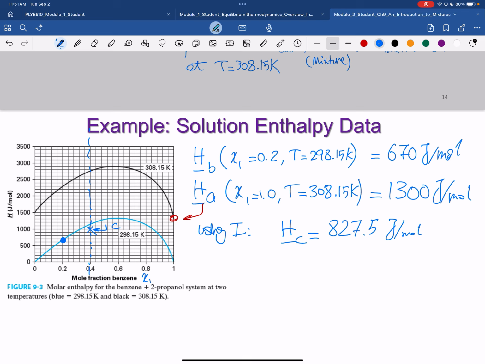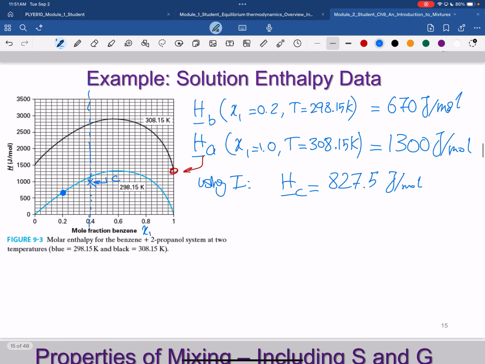Can you estimate it now? The temperature is going to be a little bit less than 298, right? So you can do extrapolation here. That's the best estimation, right? So you just think about that. You have your molar H versus temperature. This is just another way of drawing it.